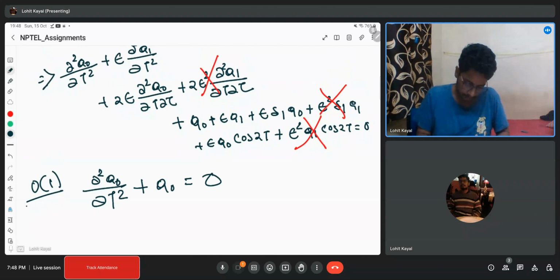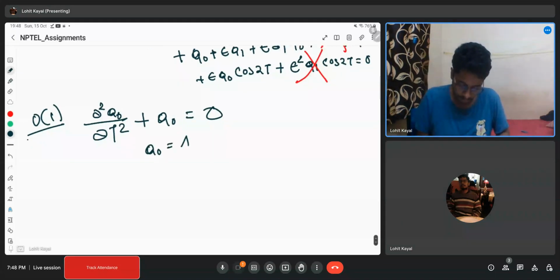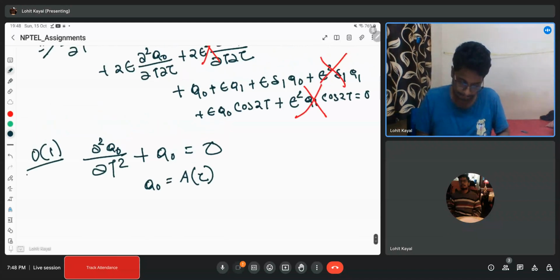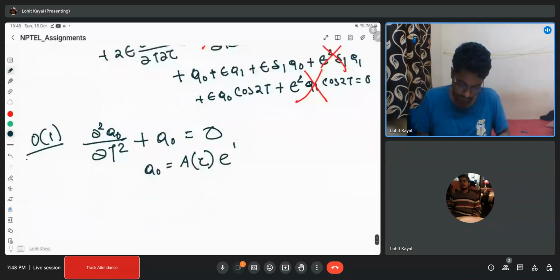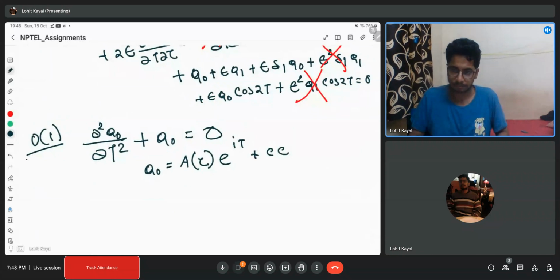And the solution of this will be A0 equal to some A(τ) e to the power it plus its complex conjugate.